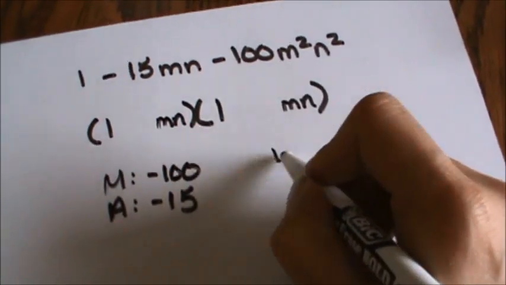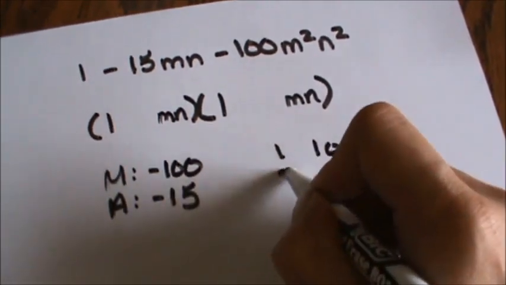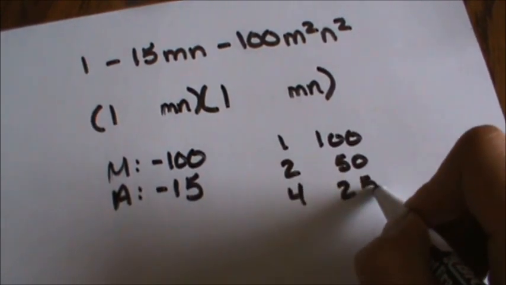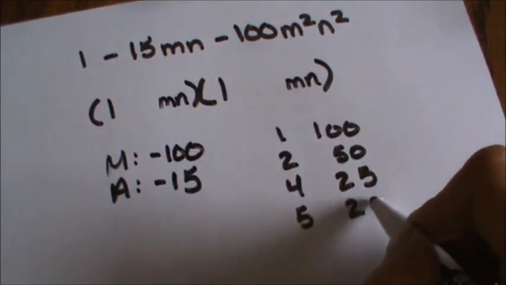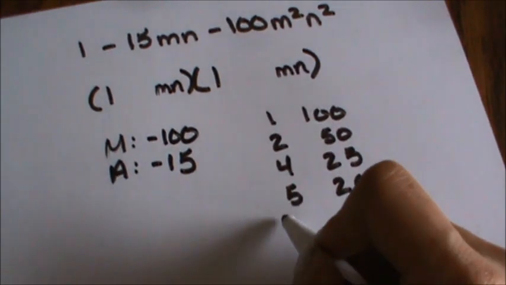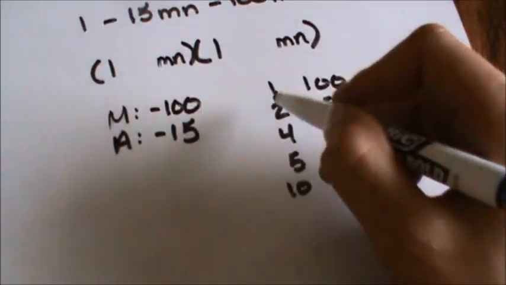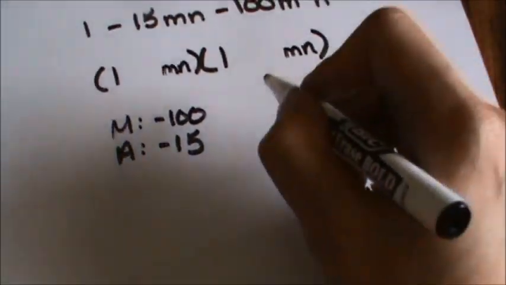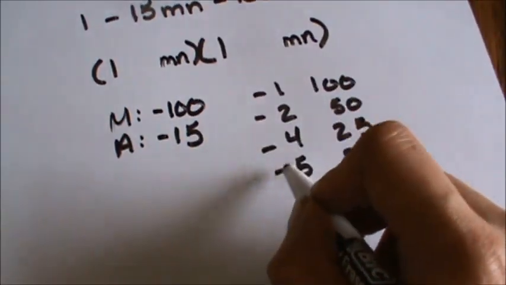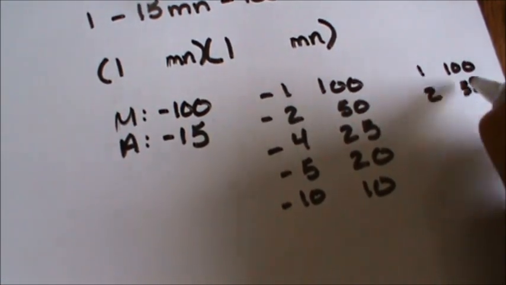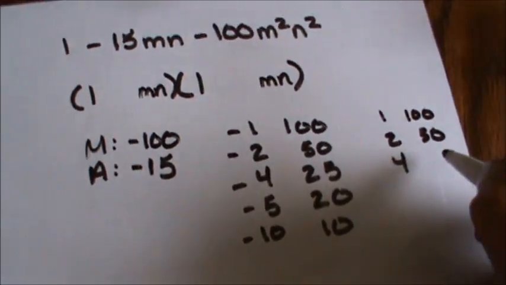If I write out all my factors of 100, I know that it's not actually these pairs because one of them has to be negative. So I will write their corresponding pairs over here.